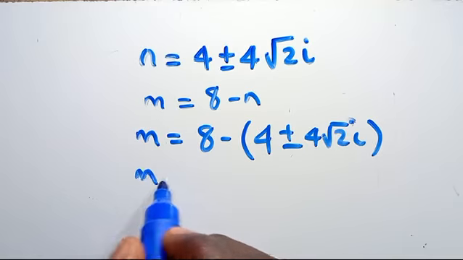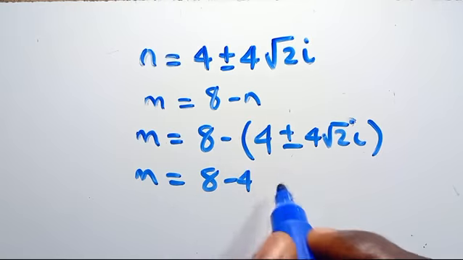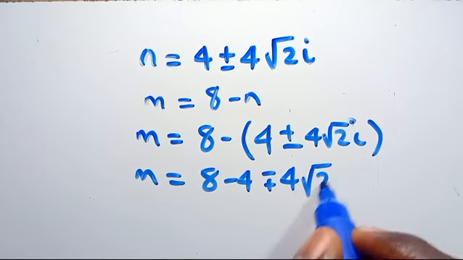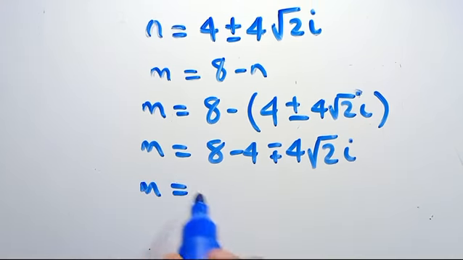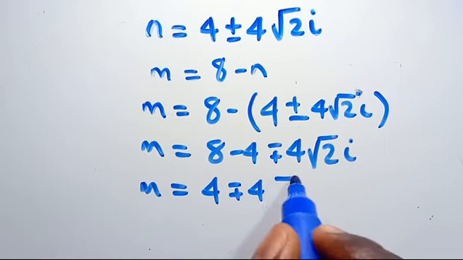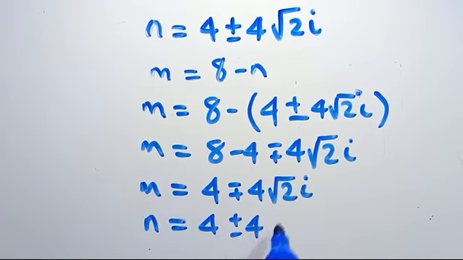So here will be m equals 8 minus 4, this time minus, this time plus, multiplied by 4 root 2i. So we have m equals 4 minus or plus 4 multiplied by root 2i. Then we have n equals 4 positive or negative 4 multiplied by root 2i.